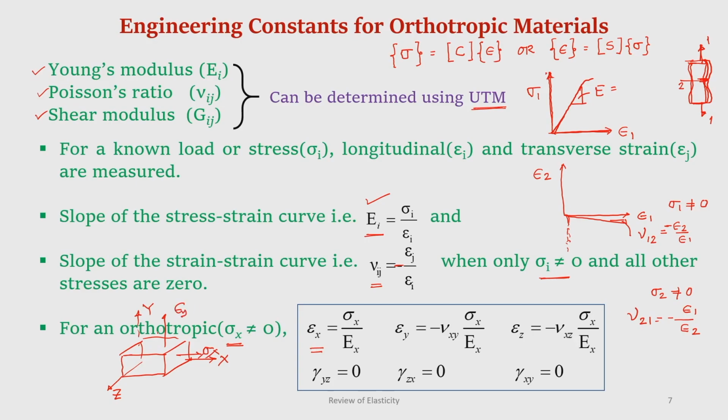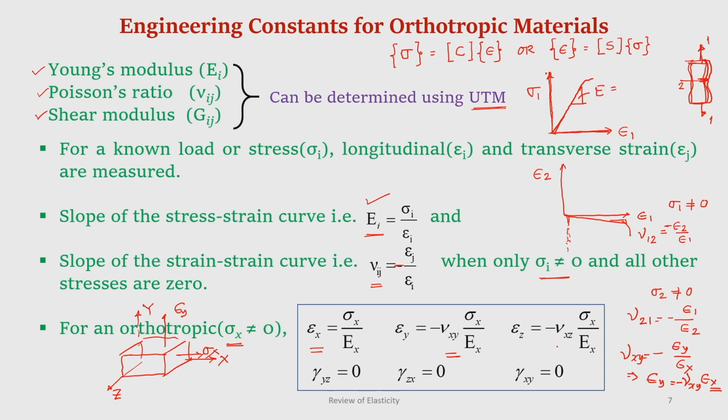Going by the definition of Poisson's ratio, epsilon y by epsilon x when only sigma x is applied, that is nu x y. Therefore, epsilon y is equal to minus nu x y epsilon x, and epsilon x is nothing but sigma x by E x. Therefore, this is epsilon y.